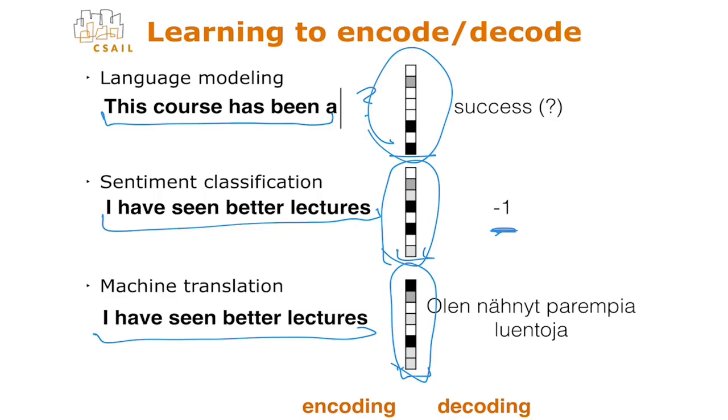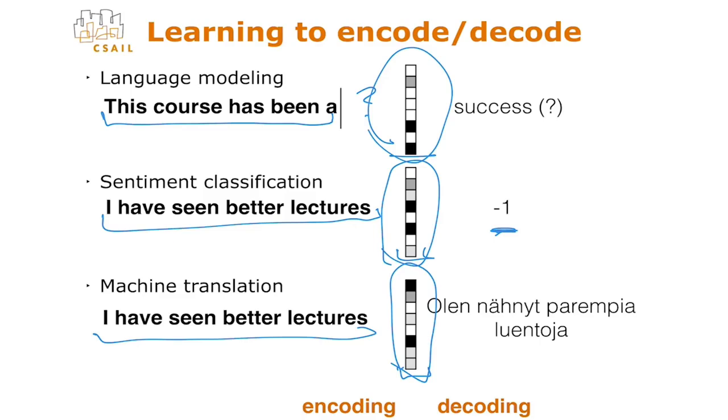So when we learn these vector representations, how to encode a sequence into a vector, we parameterize the process of turning this into a vector and try to optimize those parameters so that these feature vectors in each of these tasks would be appropriate for the prediction task that we are trying to solve.